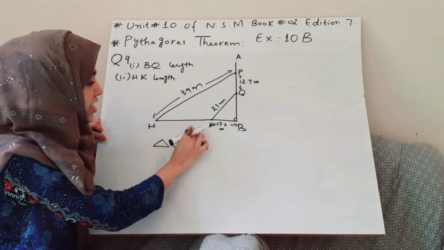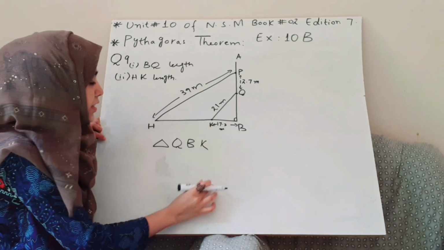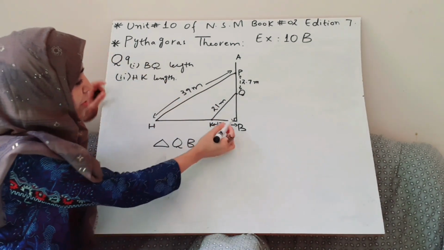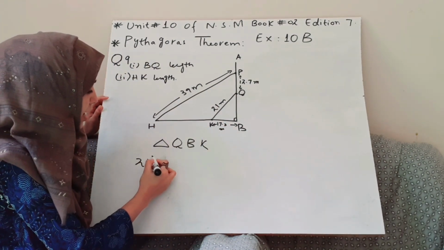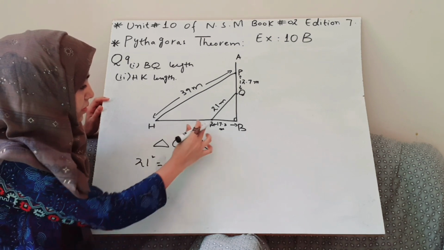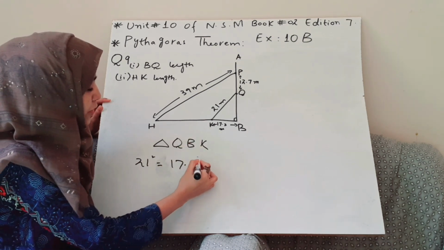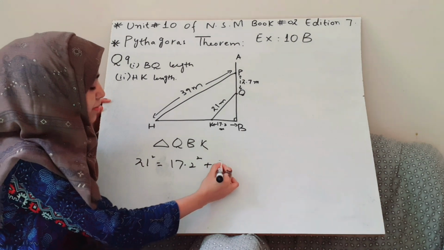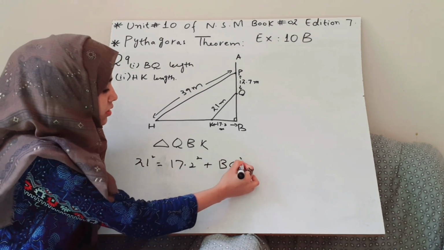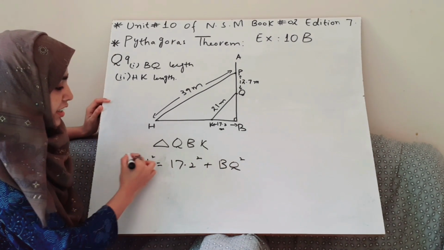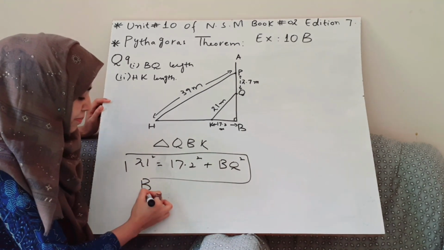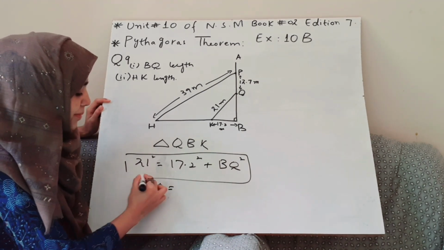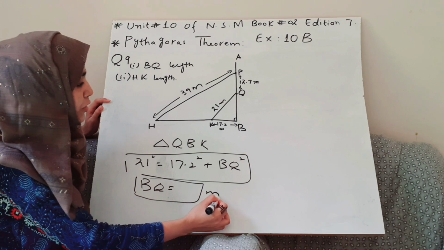If we are taking this triangle to find QB, so this is the hypotenuse which is 21 square equals to 17.2 square plus BQ square, which we have to find out. After rearranging this, we will find out BQ.